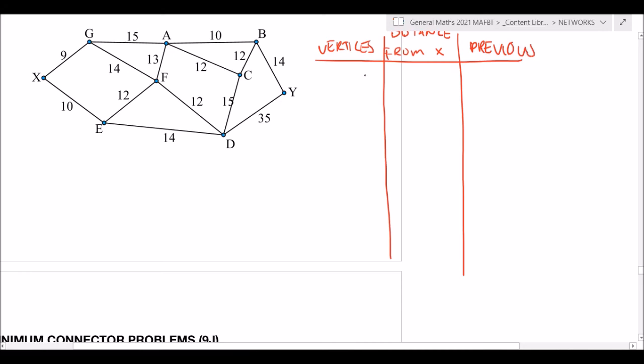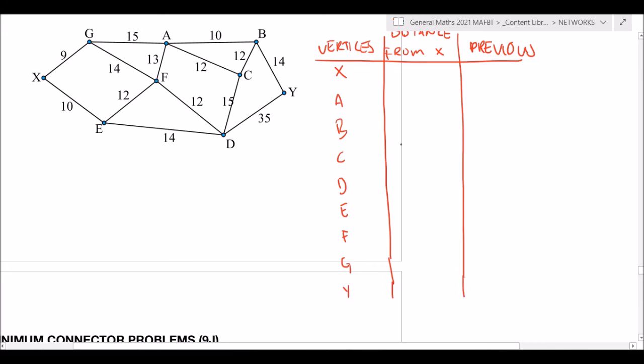All right, so you've got your vertices starting from X. I can see that it goes from A to G, so I'm just going to go A, B, C, D, E, F, G, and obviously don't forget the final vertex Y, which is our destination.